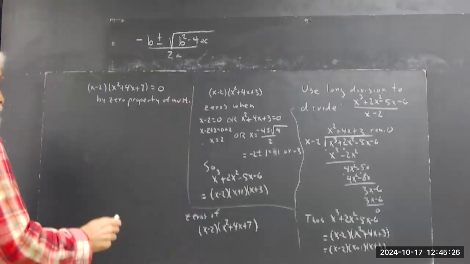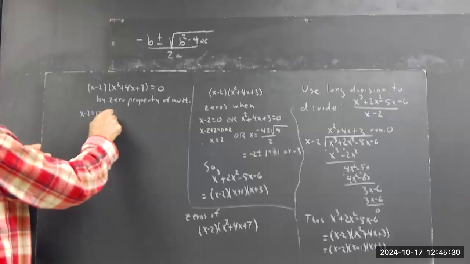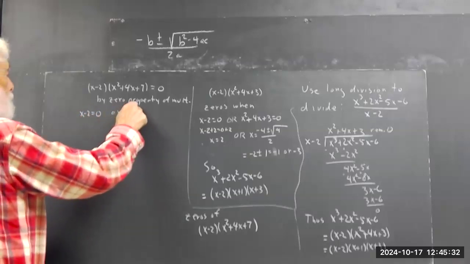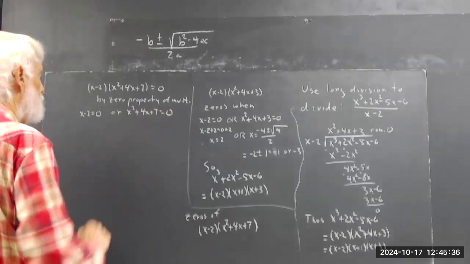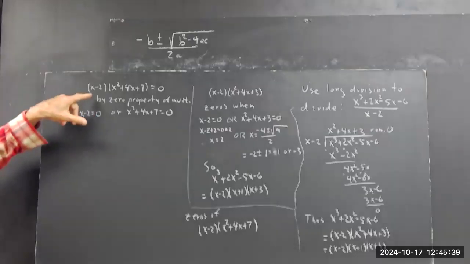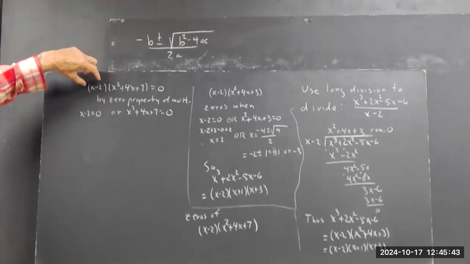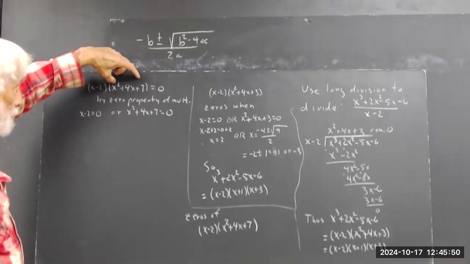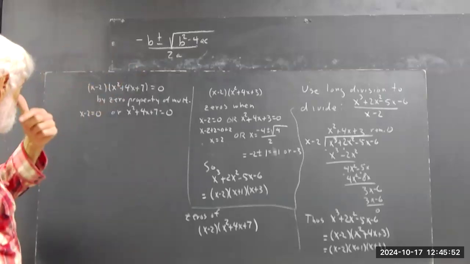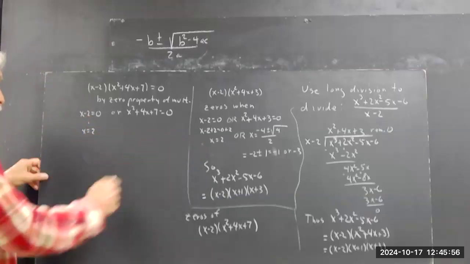The zero property of multiplication. Either the solutions would be the solution of x minus 2 equals 0, which would make the whole thing 0, or x squared plus 4x plus 7 equals 0, which would make the whole thing 0. Well, this is easy to solve. We get x equals 2 just as we did over here.